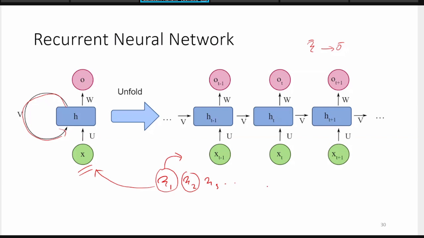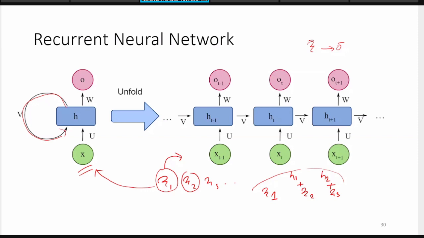That means at the first time instance, your input is only x1. At the second time step, your inputs are x2 plus the output of the first node, let me call this the hidden one, h1. Likewise, for the third input, x3 is the input plus the output of the second unit. So you take the output of the previous units, as well as the current input, as input to the current model.